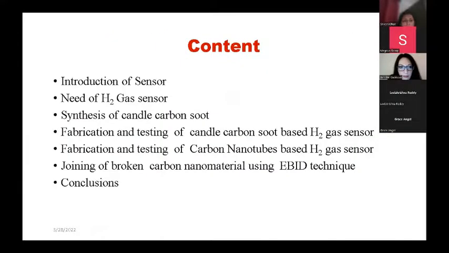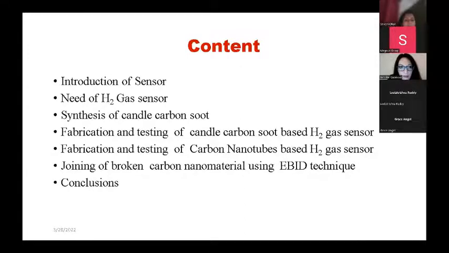The content of my work begins with an introduction to sensors. I am going to show gas sensors, especially for hydrogen gas. Then I will discuss how we synthesize candle carbon soot with the desired layer, how we fabricate the candle carbon soot based gas sensor, and how we test it as a hydrogen gas sensor at room temperature.